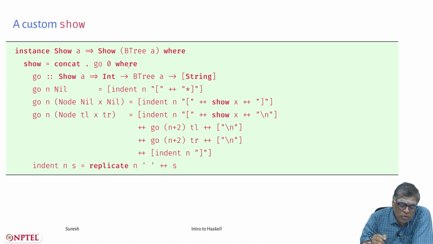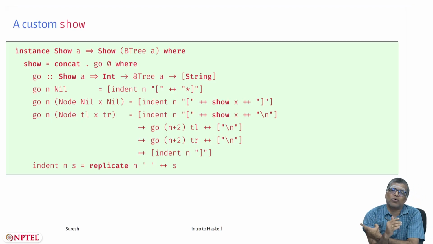So at every level I have an indentation. The original tree will be printed at 0 indentation. Every subsequent subtree will be printed at 0 plus 2 indentation. Its subtrees will be printed at indentation 4, etc. So this is all I am doing.